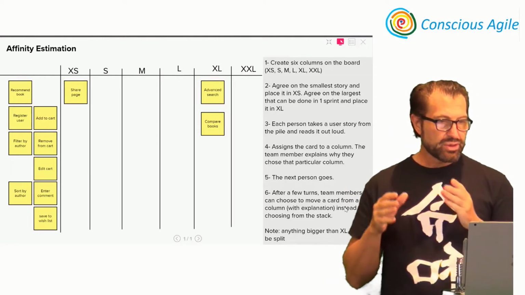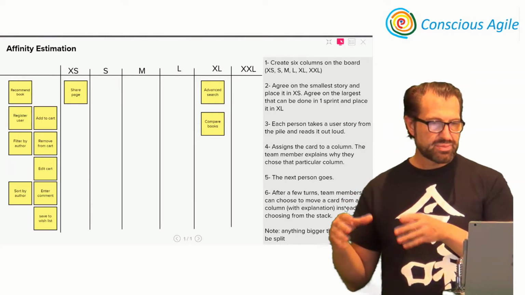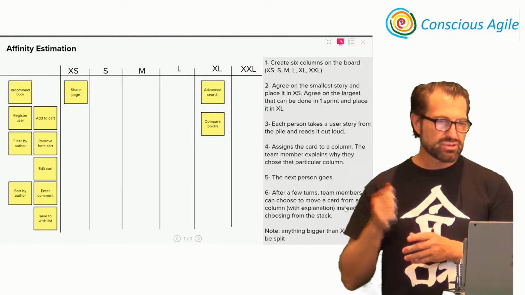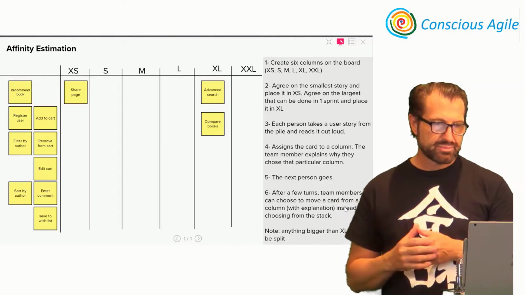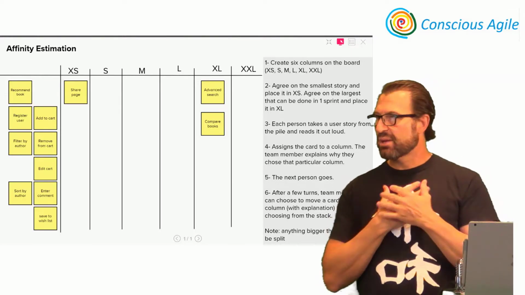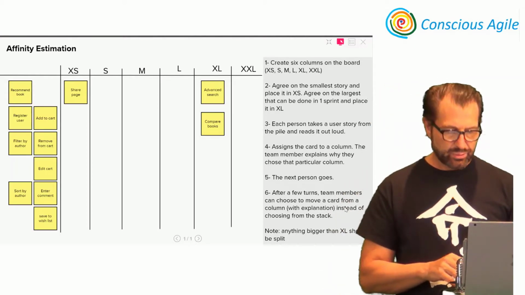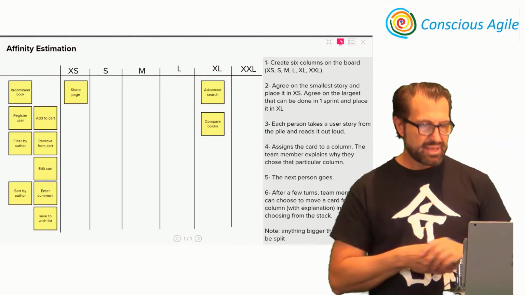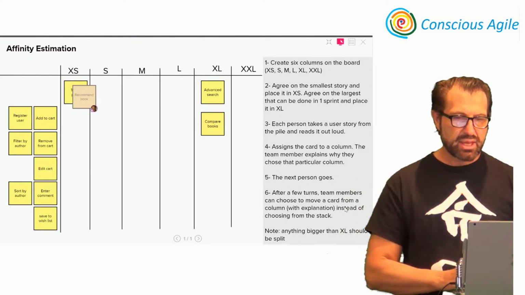Then what you want to do is ask each team member to take a user story from the pile, from the backlog, read it out loud, and then assign it to a column. So imagine I'm a team member and I take recommend book, and I say, I think recommend book is a medium.